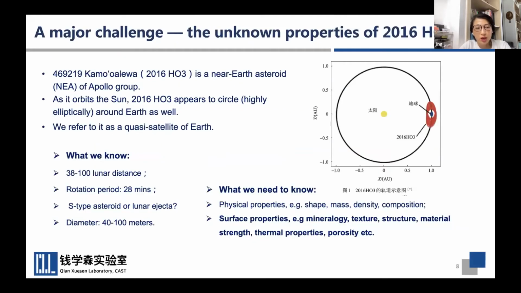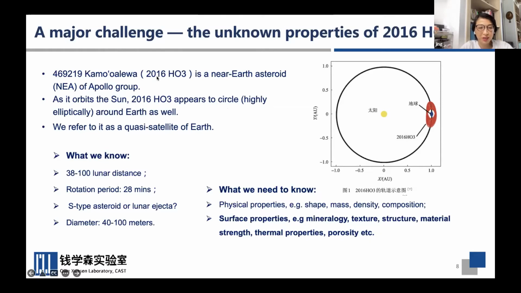But there is a major challenge: the unknown properties of our NEA target, 2016 HO3. It is a near-Earth asteroid of the Apollo group. Its formal name is Kamo'oalewa, a Hawaiian word, but it's hard to pronounce.